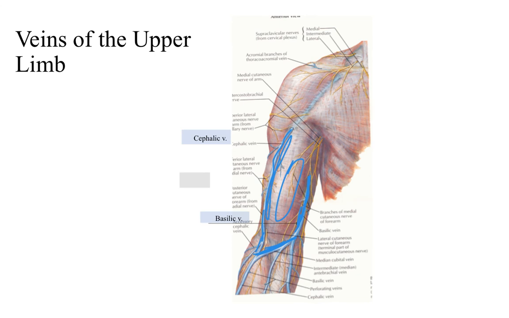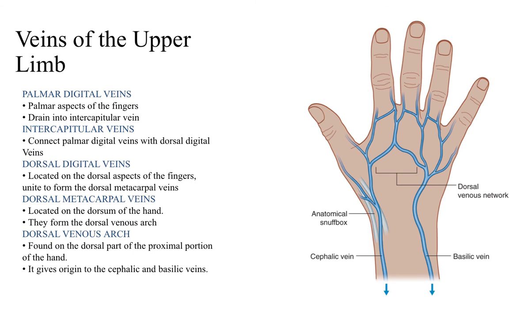And for a more complete picture of the flow of venous blood from the fingers through the hand all the way up to the axilla, I recommend looking at page 285 of your Bare Bones workbook. What's not shown in this picture are the veins that are coming from the digits.